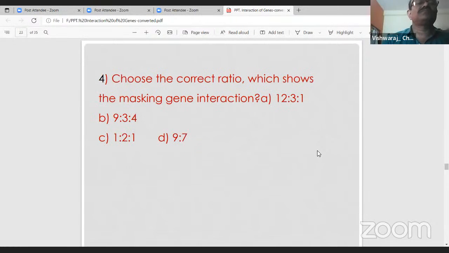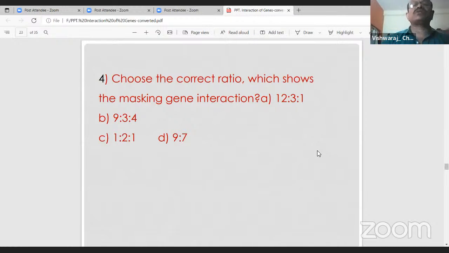Fourth question, choose the correct ratio which shows the masking gene interaction. A, 12:3:1; B, 9:3:4; C, 1:2:1; and D, 9:7.